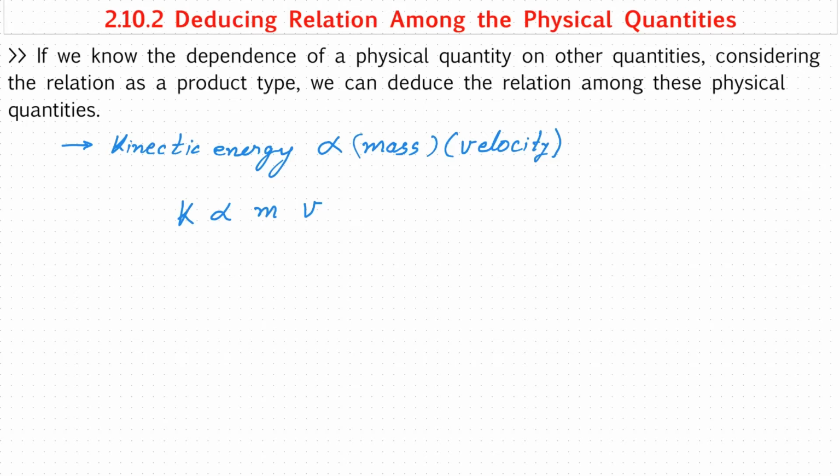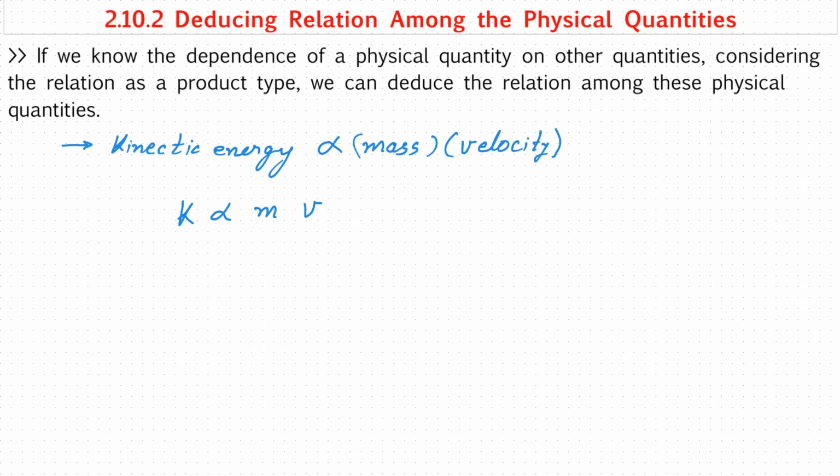But here still we don't know with which power it depends on mass, means it is possible that k would be proportional to m square, or k would be proportional to, let us say, velocity square or velocity cube. We don't know this.